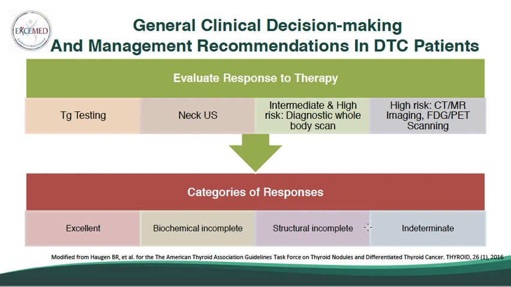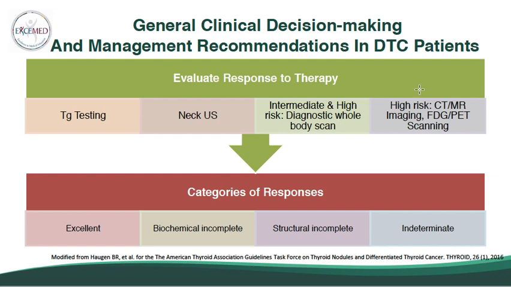So how do we evaluate response to therapy? We monitor thyroglobulin maybe about every 6 to 12 months. We can also do neck ultrasound to determine any structural recurrence. And then if the patient is intermediate and high risk based on the ATA risk stratification, you can do a diagnostic full body scan.